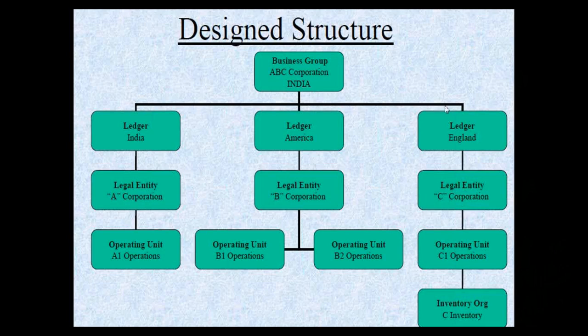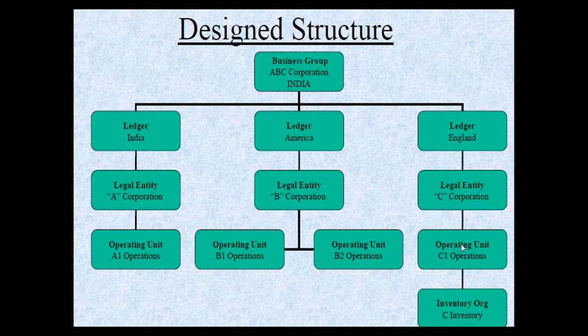Here you have, again, this ledger in England. They have a legal entity, one operating unit, and one inventory organization. We might not need inventory org here. Maybe it's a service-oriented business. There is no inventory org, but you can also design inventory org if you have to after operating unit.